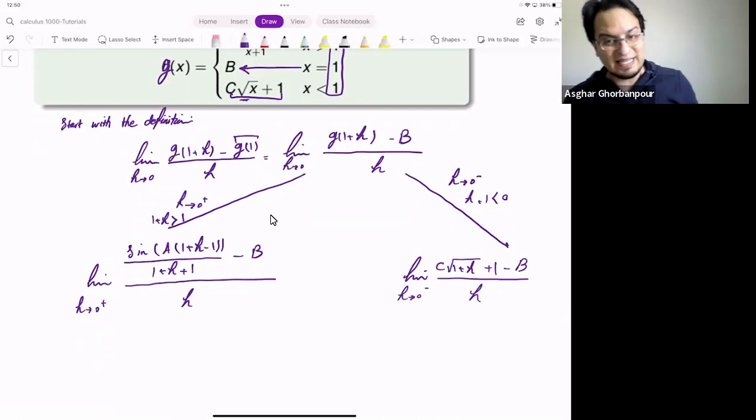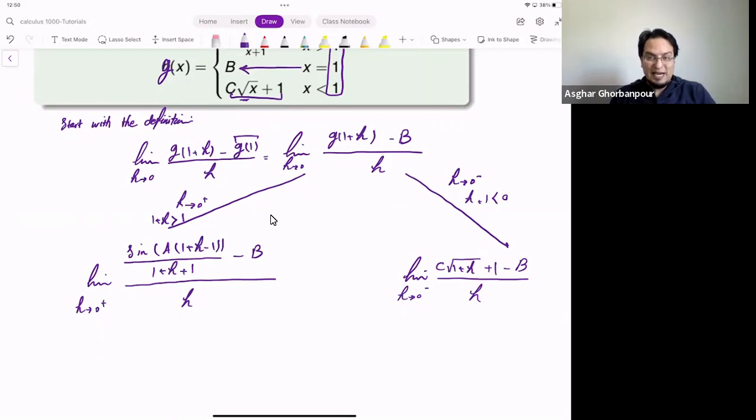Now, the point is that you're trying to find values of B and C such that these limits are equal to each other. So you have to be careful here. You can definitely do some argument to find equations for A and B, and they're not difficult.